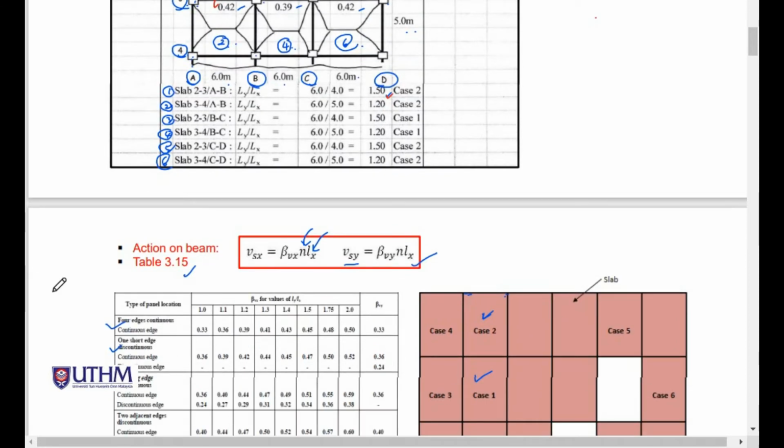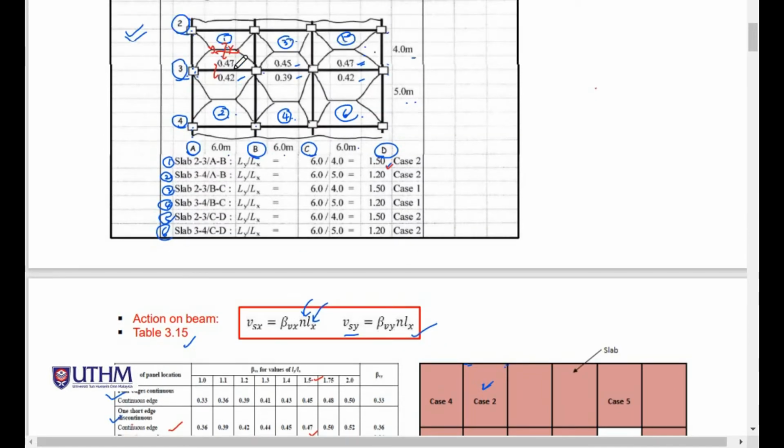So one short edge discontinuous, 1.5, case number 2, and the value is 0.47. This value is similar to this value because the case is the same. So 0.47, 0.47.